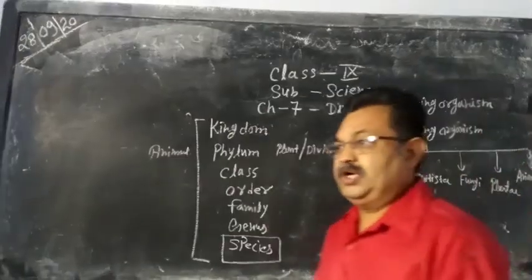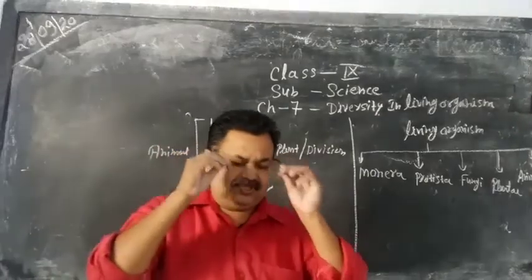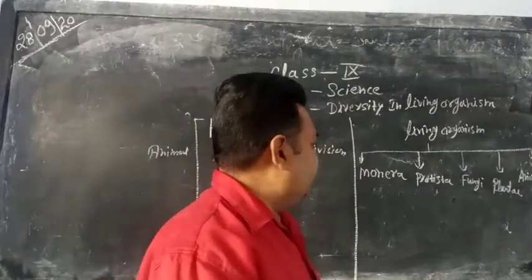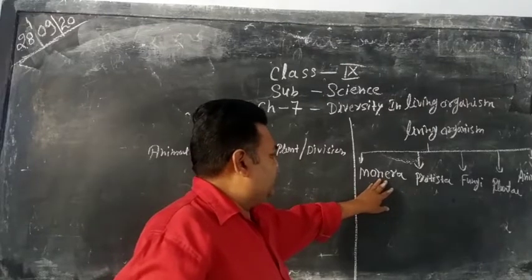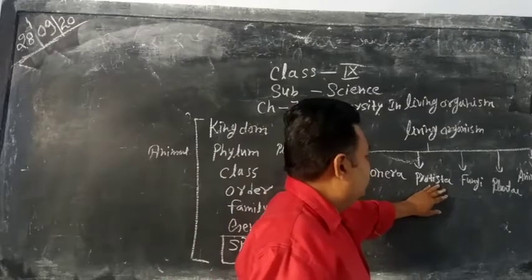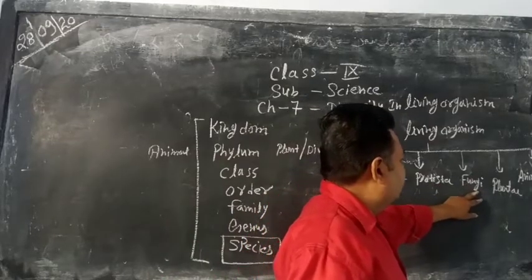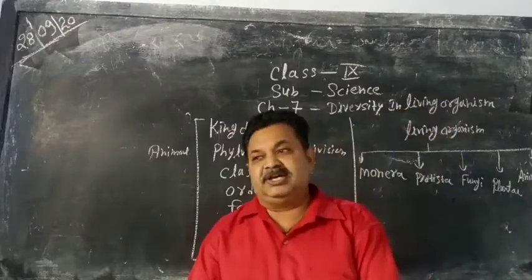So, according to Whittaker, all living organisms are classified into 5 kingdoms. First one is Monera, second one is Protista, third one is fungi, fourth one is Plantae, and fifth one is Animalia.